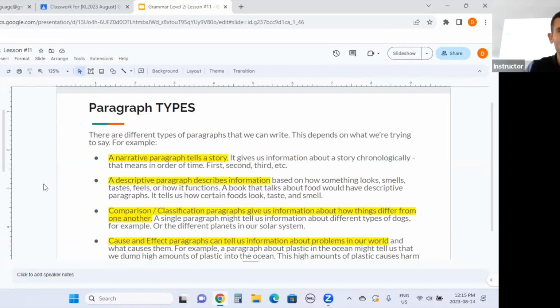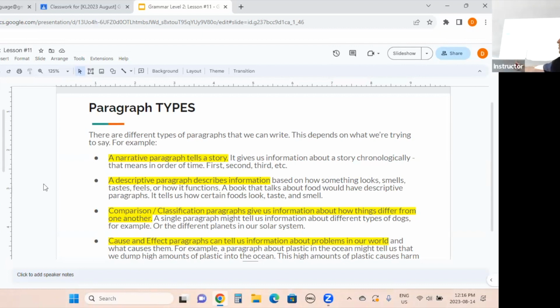Do you guys understand that? Yeah, Kaden? The descriptive paragraph is really easy. Anytime we're talking about anything involving all 5 senses, you're describing something, that's obviously a descriptive paragraph. So cookbooks have them. You can write descriptive paragraphs about anything.